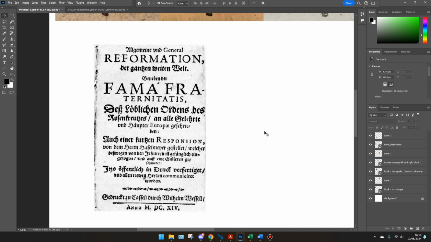Before I get to that example, we're going to take a look at the Fama Fraternitatis, printed in 1614.